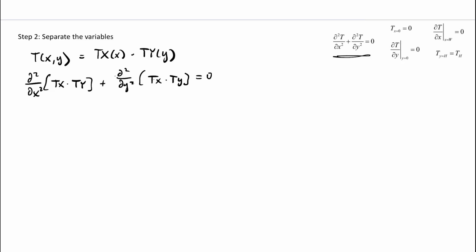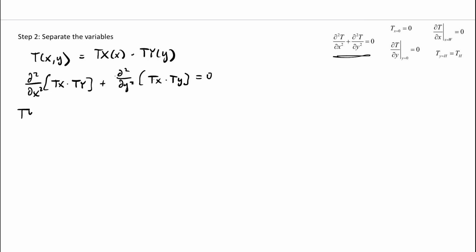So, I'm taking the partial derivative in the first term with respect to x, and I have Tx times Ty. Now, Tx is a function of x, but Ty is not a function of x. If I take the partial derivative of something that's not a function of the variable you're differentiating with respect to, it just comes out; you can take it out of the front of the equation.